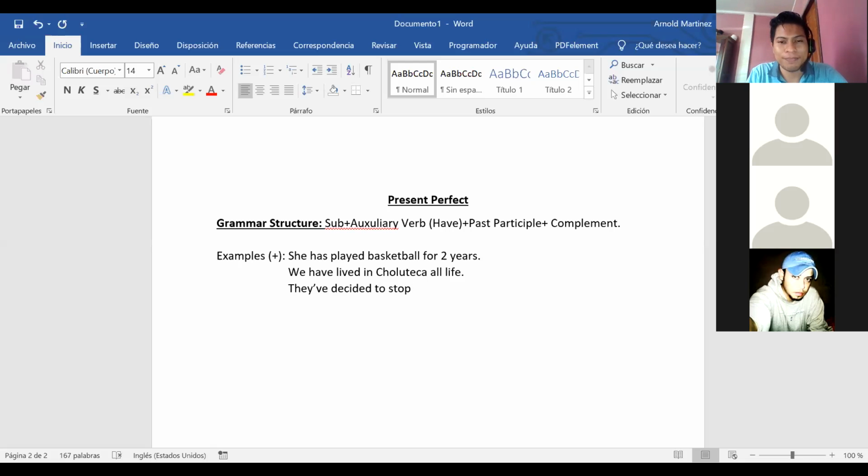Stop what? To stop running. Good. They've decided to stop running. Yeah, it's a good example. These are more complex sentences because present perfect is really wide, bastante amplio, right?